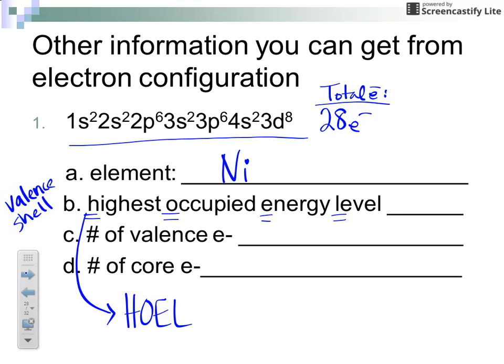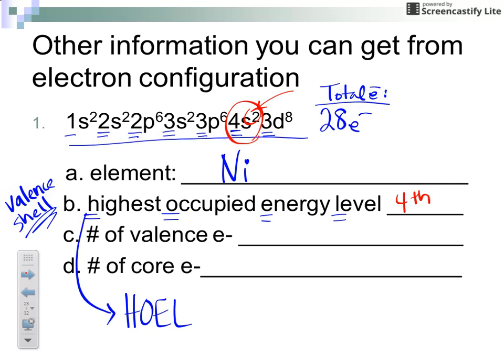The valence electrons are located in the highest occupied energy level. Now remember, in your electron configurations, these big coefficients, the 1, the 2, the 3, the 4, represent your energy level. In this case, the highest one that's occupied by electrons, I'm going to circle it, is the 4. So you would tell me it's the 4th energy level. The valence electrons are located in the highest occupied energy level.